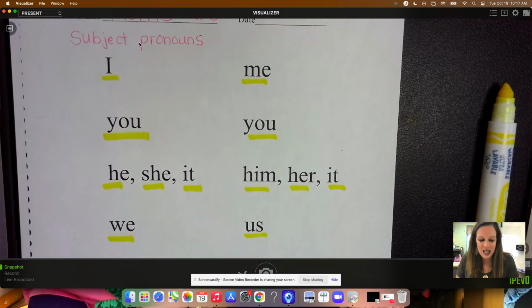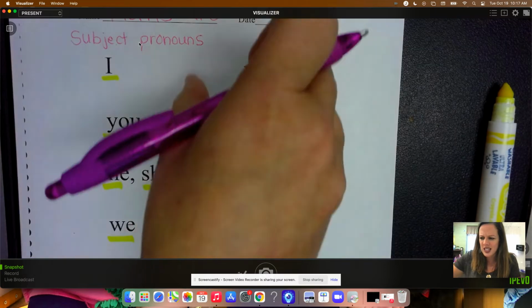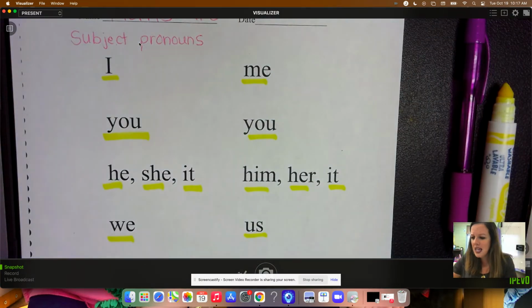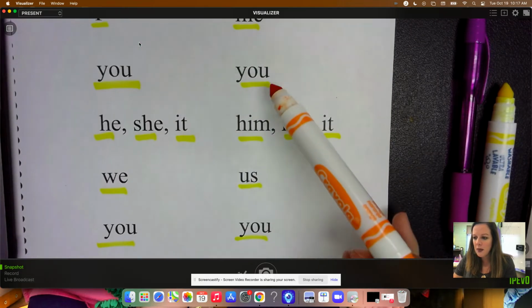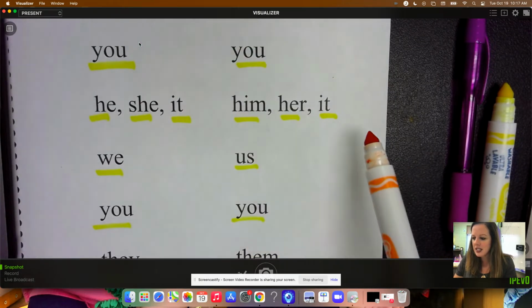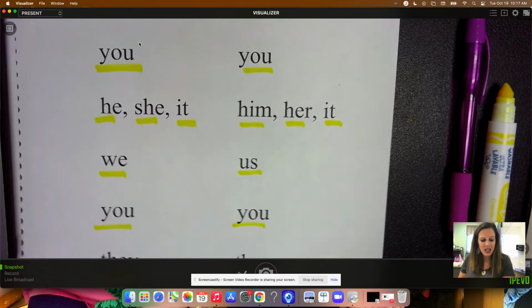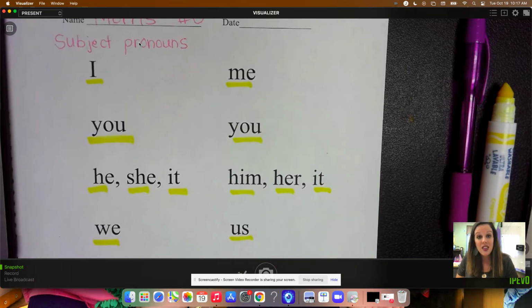But let's look at these second column words. We're going to need our orange for them. Me, you, him, her, it, us, you, and them. These pronouns tend to come after the verb.